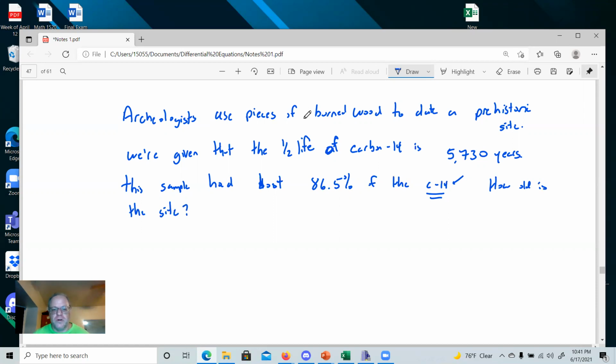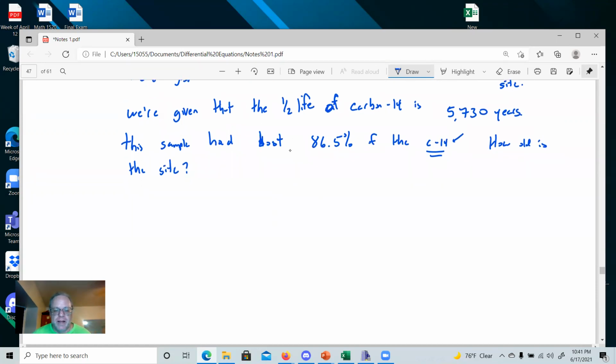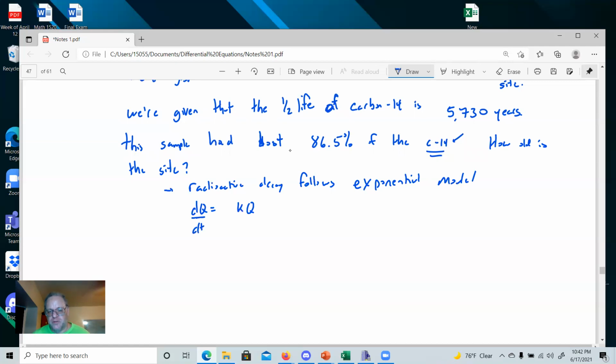Okay, so we're going to go through this. We can make the assumption that radioactive decay follows an exponential model. Or in the language of our differential equations, the rate of change of the amount of carbon is proportional to the amount that we have.